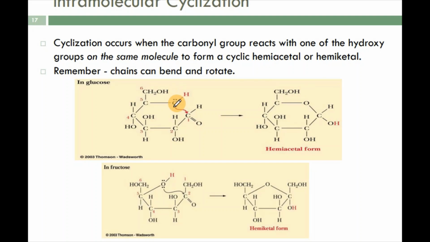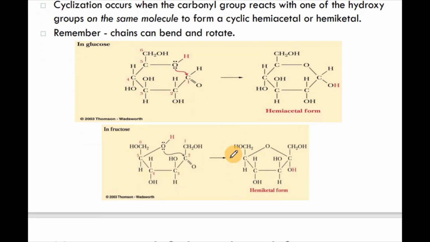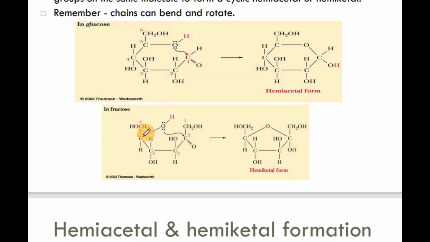So here, the OH on carbon 5 of the glucose bonds to this carbon to form a hemiacetal. If it is a hemiketal, like the case of fructose, the OH on carbon 5 bonds to the carbonyl on carbon 2 to form a hemiketal. So this is a hemiacetal because it's a reaction between an aldehyde group and an alcohol, and this is a hemiketal because it is between a ketone group and an alcohol.